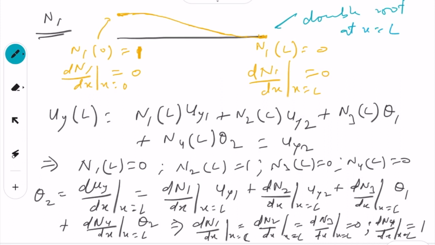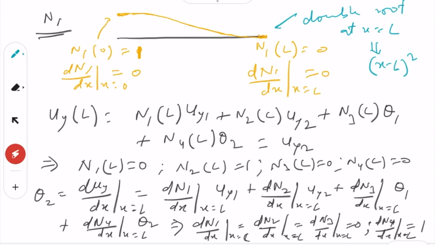So that tells you that an (x minus L) square term will be there, so that even if you take the derivative of that, an (x minus L) factor will be there. So that means double root. So N1 will have a factor of (x minus L) square, rest is this one.